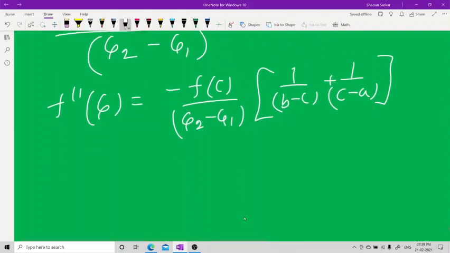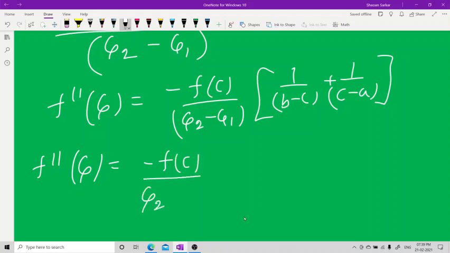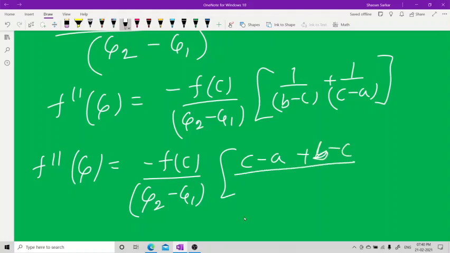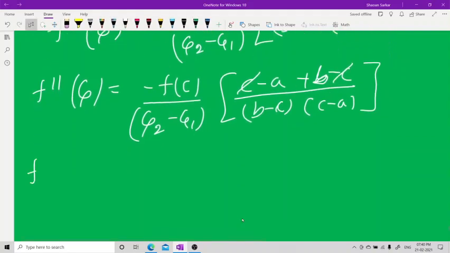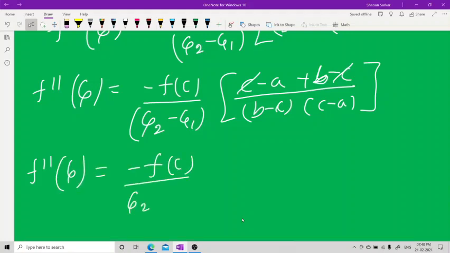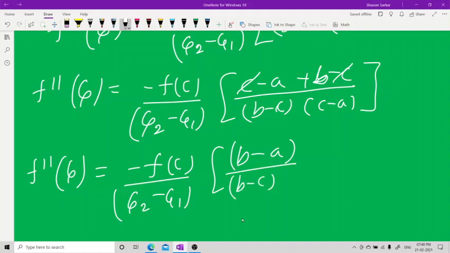Then it is c minus a plus b minus c over b minus c and c minus a. Now c and c cancel, so what you are left with is f double dash zeta equal to minus f of c upon zeta 2 minus zeta 1, times b minus a upon b minus c and c minus a.